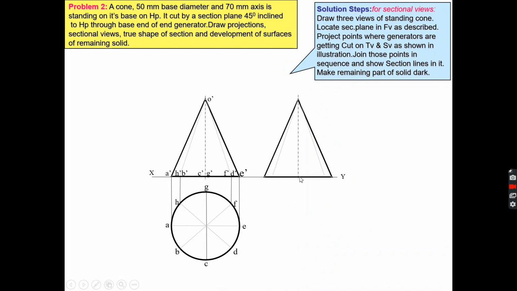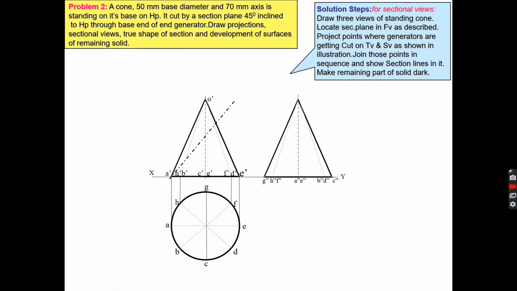Similarly, this point will show you point E as well. Similarly, this point will show you point D as well. So like this you can complete this side view.